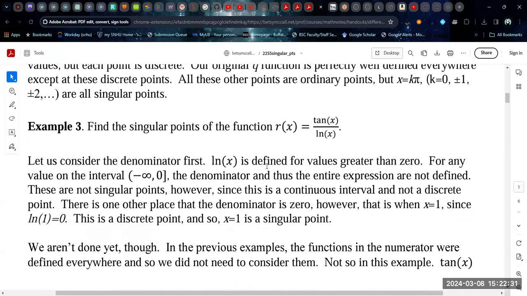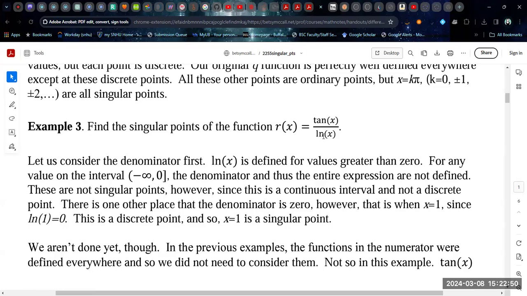In this example, then we have tangent x over log x. Now, log x is defined for any values greater than 0. So 0 might be considered a potential singular point, but it's not defined really to be 0 at 0.